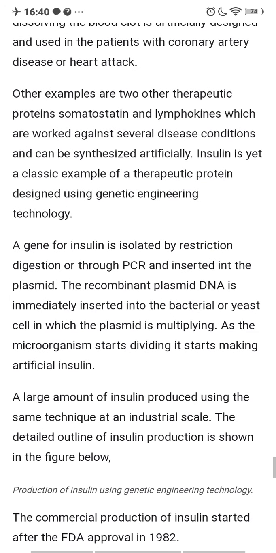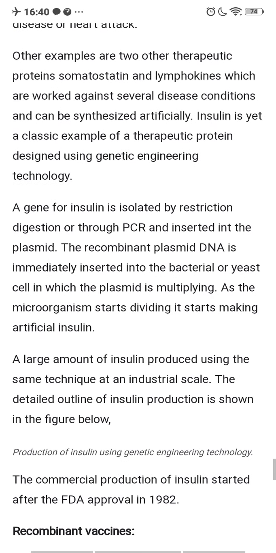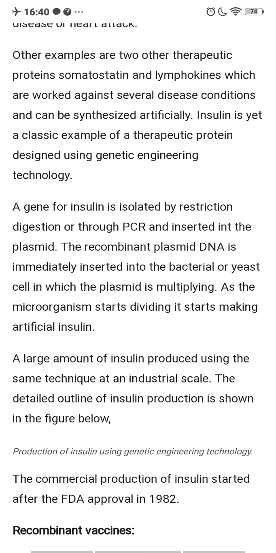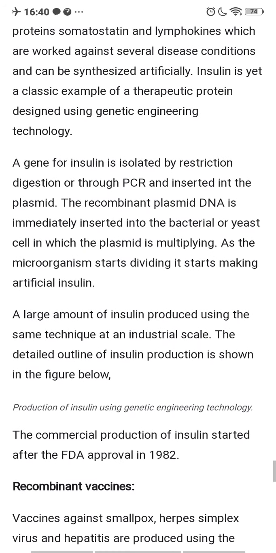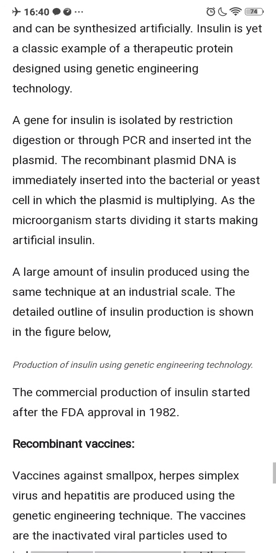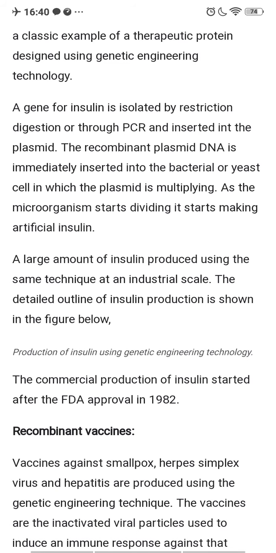Insulin gene is isolated by restriction reaction or through PCR and inserted into a plasmid. The recombinant plasmid DNA is immediately inserted into a bacterial or yeast cell, in which the plasmid is multiplying. As the microorganisms start dividing, they start making artificial insulin.